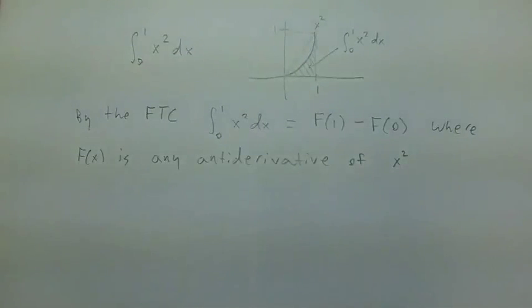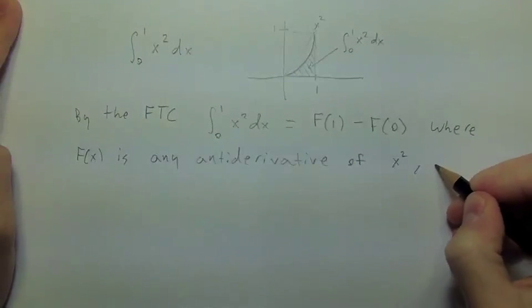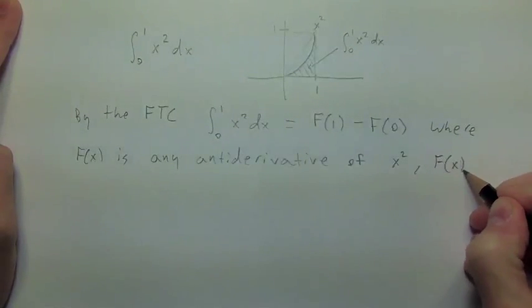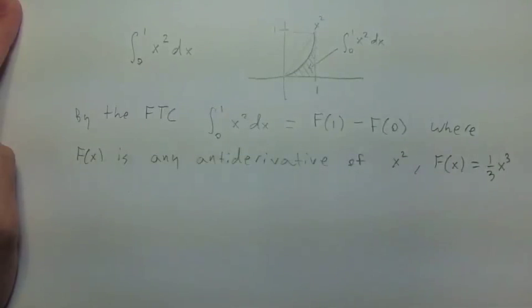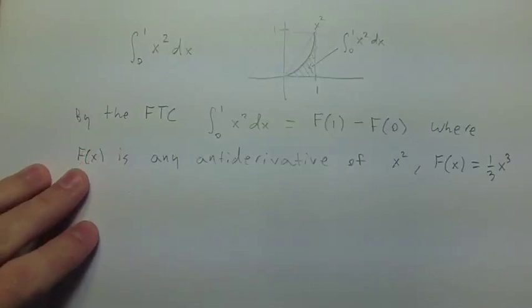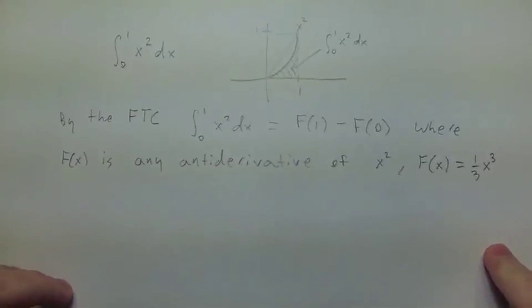So what's the antiderivative of x squared? Well, since we can pick any one, capital F of x is going to be 1/3 x cubed.